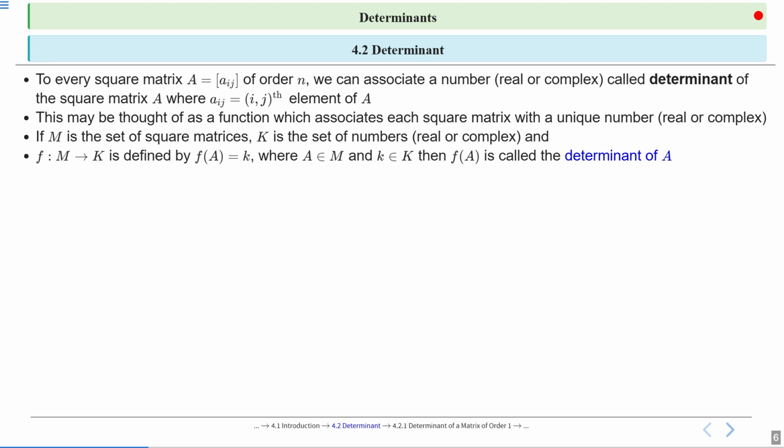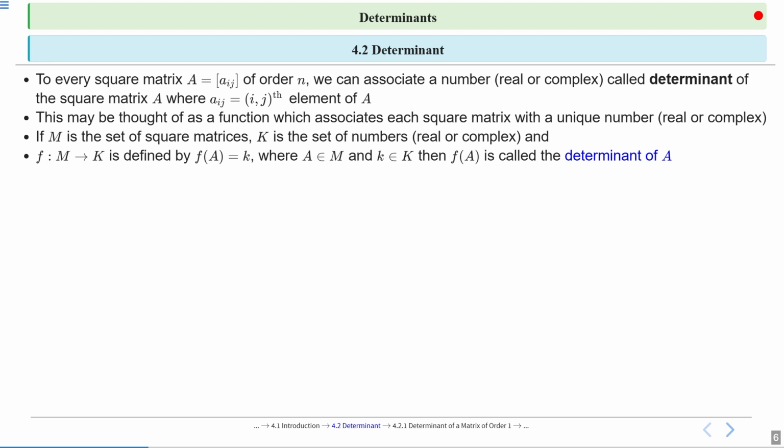So the determinant is defined from M. We take a matrix from M, that is A, and we map it with an element. That element comes from the set K, and we just associate it, or we can say we relate that matrix with that number. So we relate a matrix A with a number k.